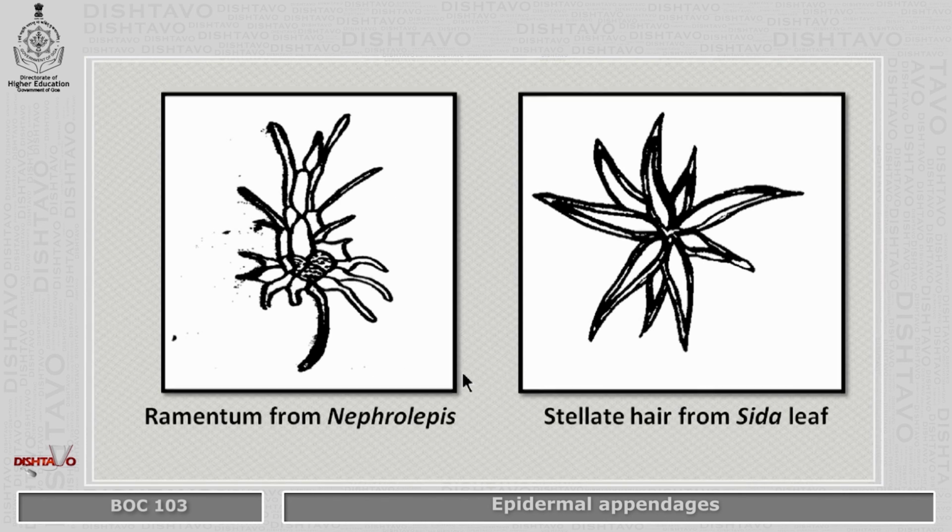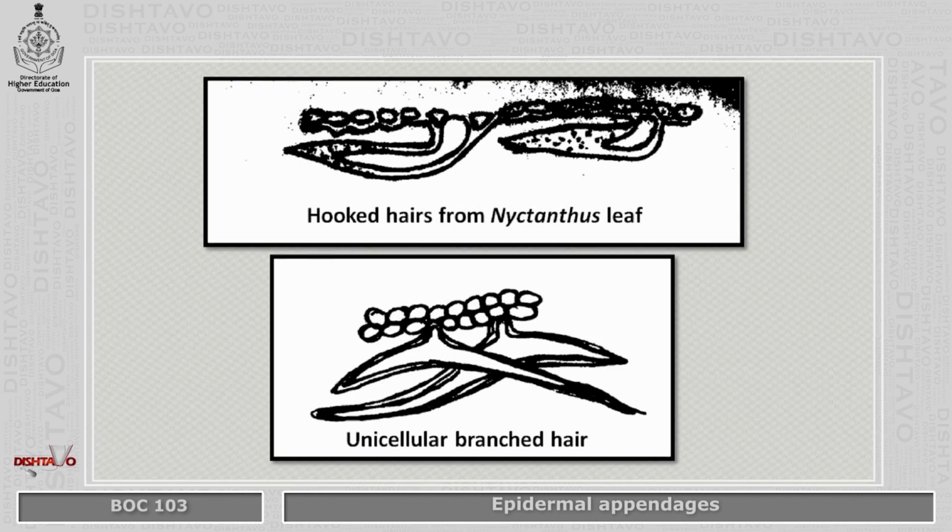Next type is stellate hairs. Now here in this picture you can see the star-shaped cells. They are actually the hairs found on cedar leaf. The next type is hooked hairs which form a hook-like structure. They are basically unicellular and these hooked hairs are from Nyctanthes leaf.